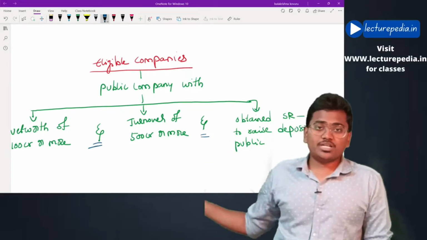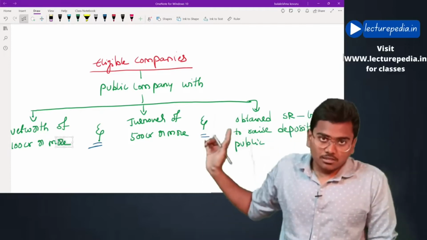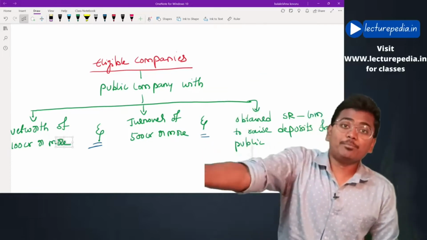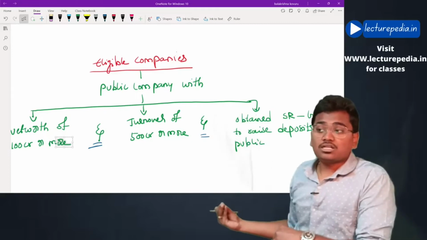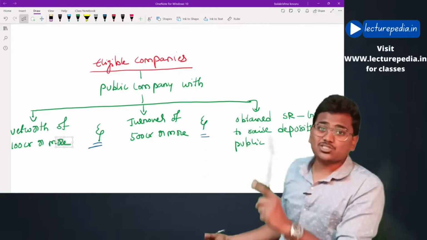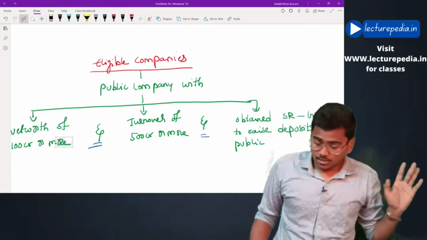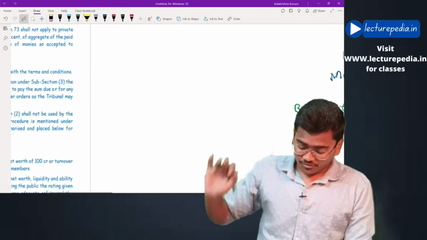This type of company will be an eligible company, eligible for raising deposits from public. If it is not an eligible company, then it cannot raise deposits from public. It has to raise deposits only from the members.